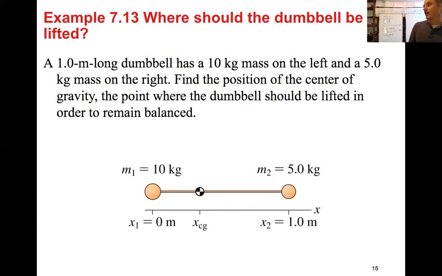All right, so let's look at a problem with a weird dumbbell. They wouldn't really have a dumbbell that's set up like this. That would not make sense, but you have a dumbbell that has 2 different masses on either end. One mass being 10 kilograms, the other mass being 5 kilograms. Talk about a really dumb dumbbell, right?